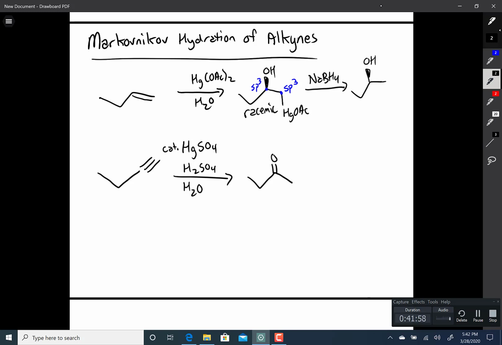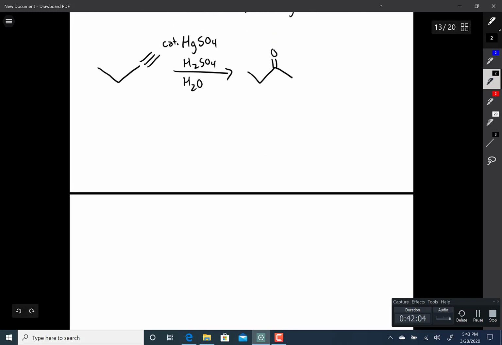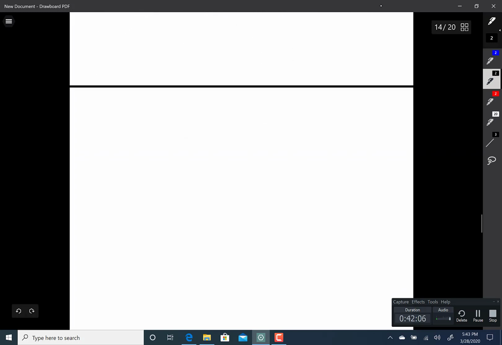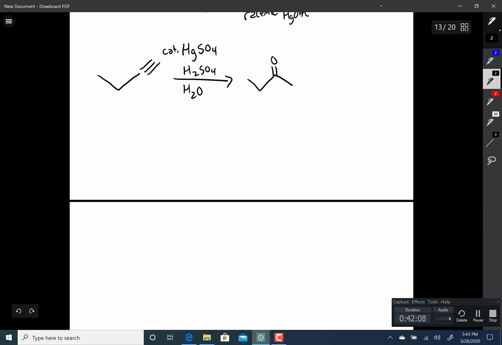So, how does this mechanism work? First thing, think of mercury sulfate as a salt. Think of it as mercury 2+. Don't worry about the sulfate.